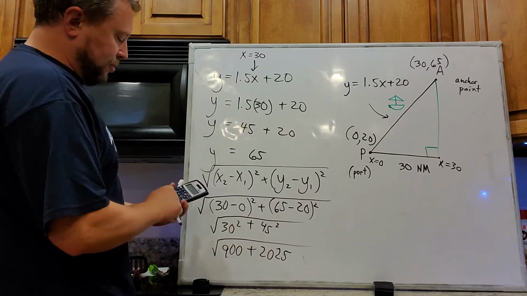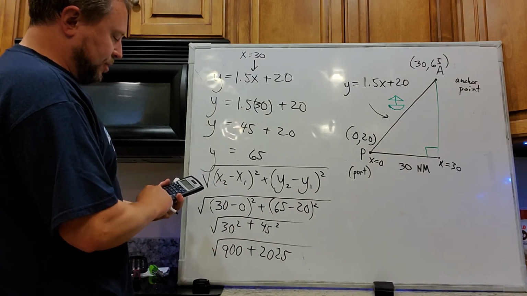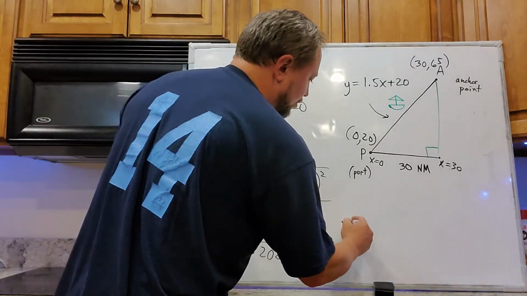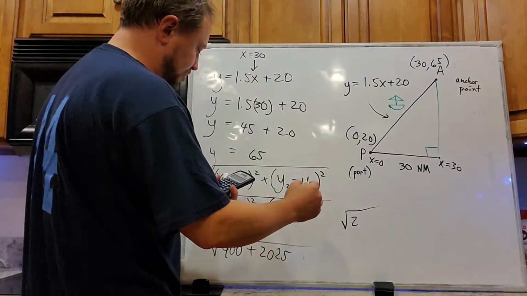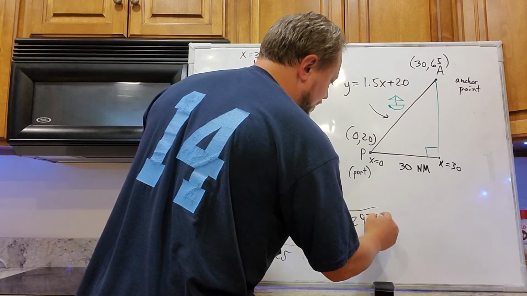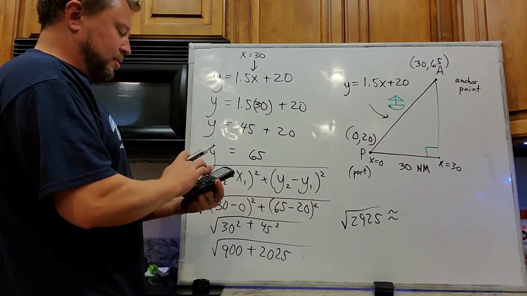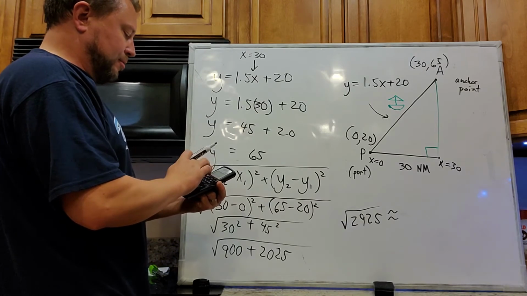Add these together, so plus another 900 yet, gets me up to the square root of 2,925, which is approximately, let's figure out the decimal here now.